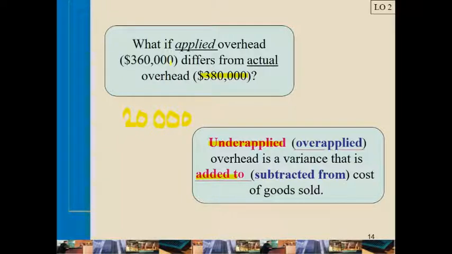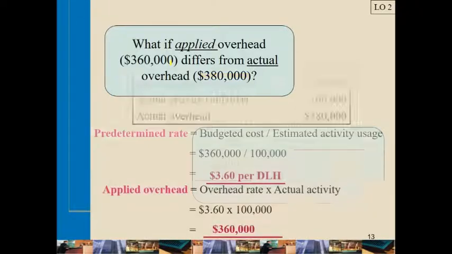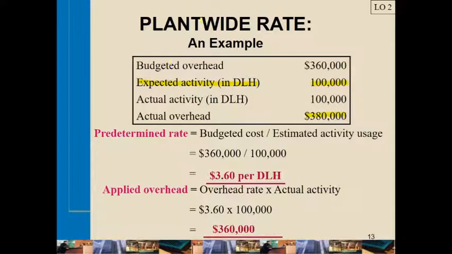Now, in this case we only have one rate applied, but in reality this is a plant-wide rate. There can also be instances where the entity uses a departmental rate, per department or product.